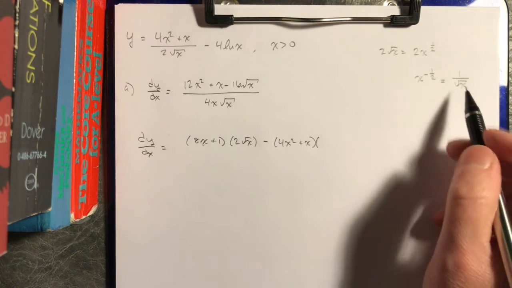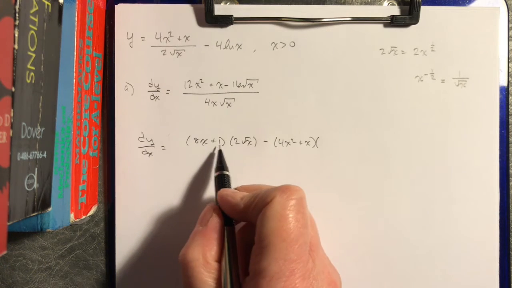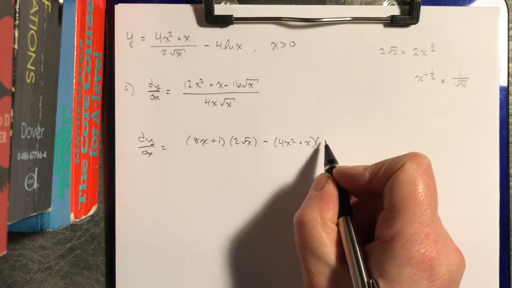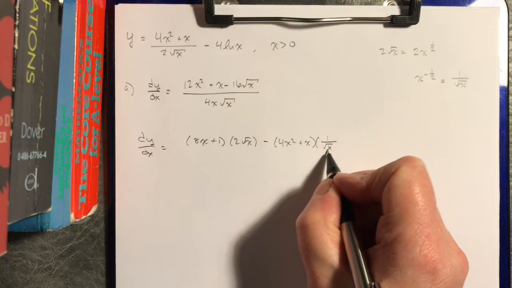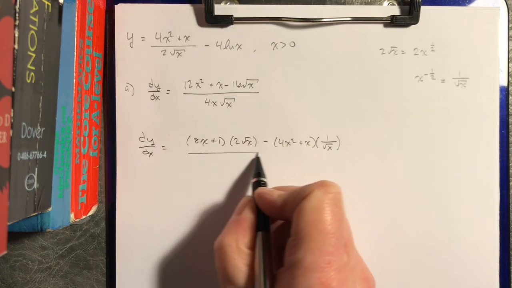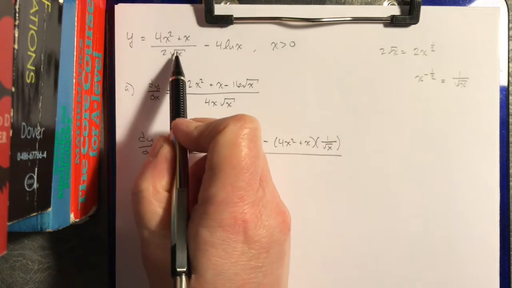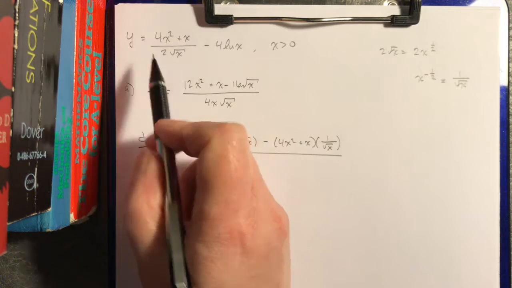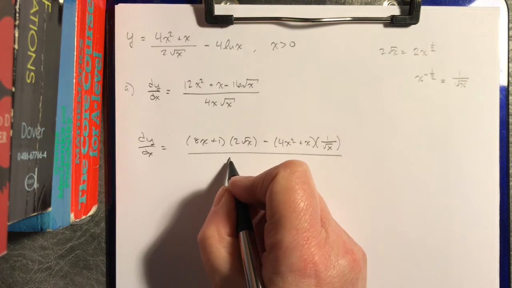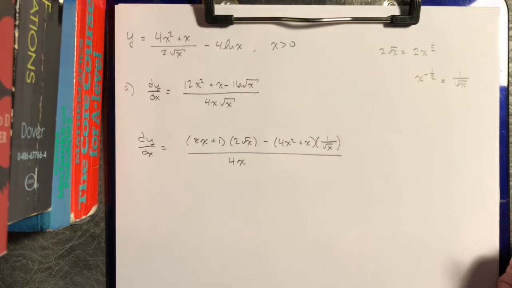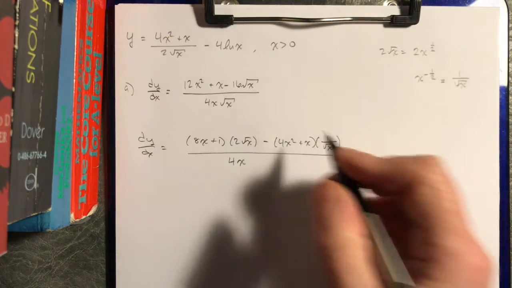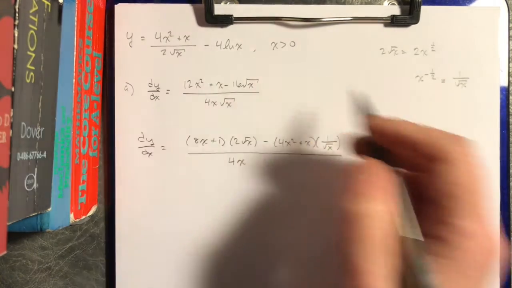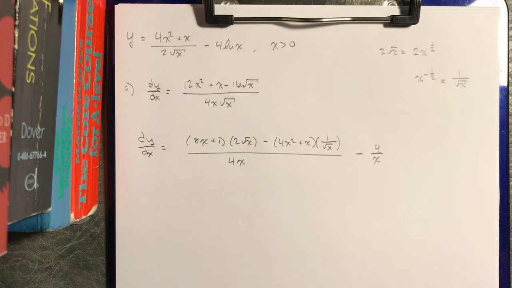So let's see where this takes me. Okay, so derivative of the top times the bottom minus the top times the derivative of the bottom all over the bottom squared. Now, if I take 2 root x and square it, 2 root x times 2 root x is going to give me 4x. And subtract his derivative, which is 4 over x.